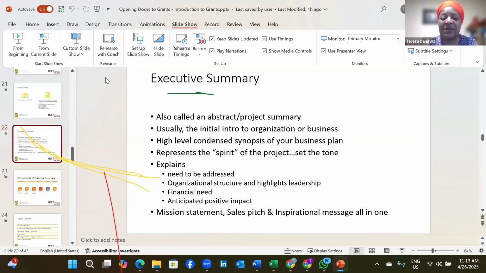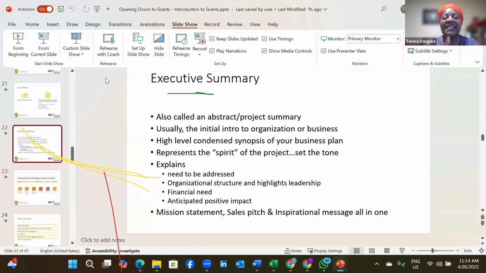So what does the executive summary need to be? It is also called an abstract or a project summary. It's usually the initial introduction to your organization or your business. It's a high-level condensed synopsis of your business plan, so to speak. It represents the spirit of the project. It also sets the tone.